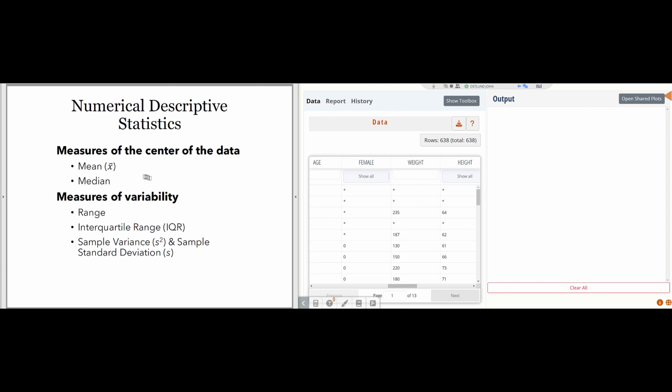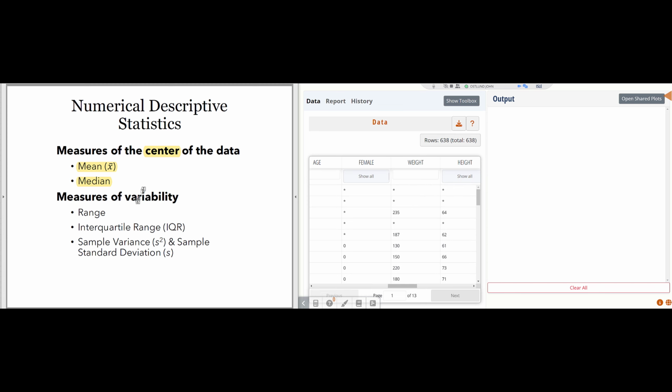Okay, so there are a variety of measures of what the center of the data is. One that we've already talked about is the median, which is literally the middle point of the data, and another very common one that we probably think of as being the average value of the data is the so-called mean.